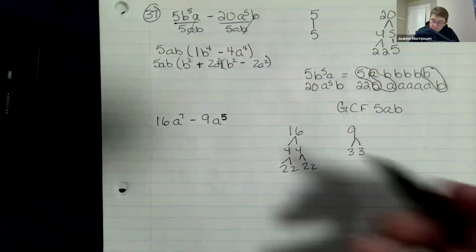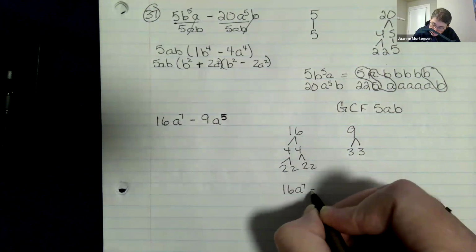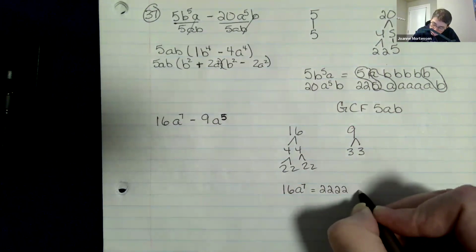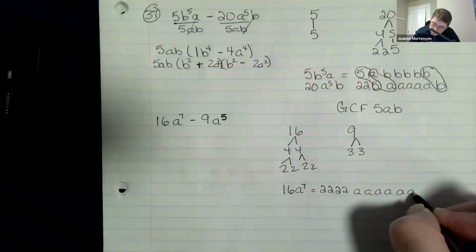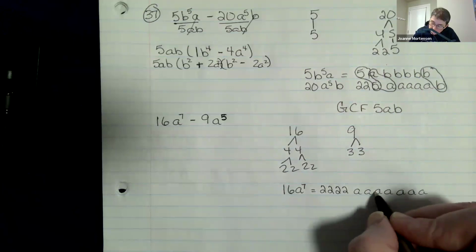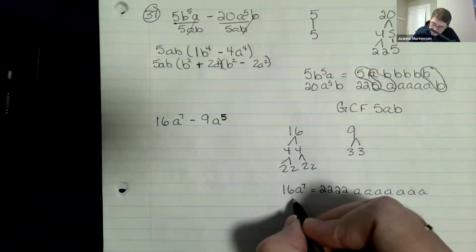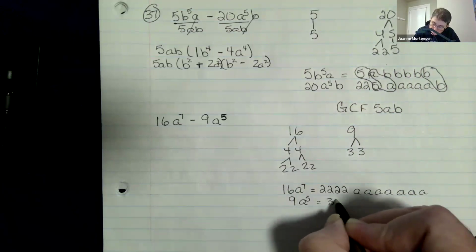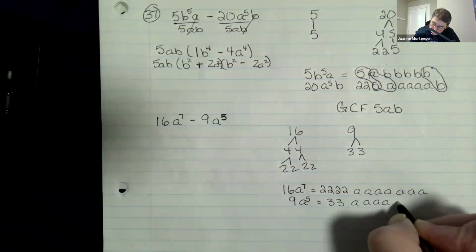The plan works. 16a^7 is going to give me 2 times 2 times 2 times 2, and then 1, 2, 3, 4, 5, 6, 7. And 9a^5 is going to be 3 times 3, and 1, 2, 3, 4, 5.